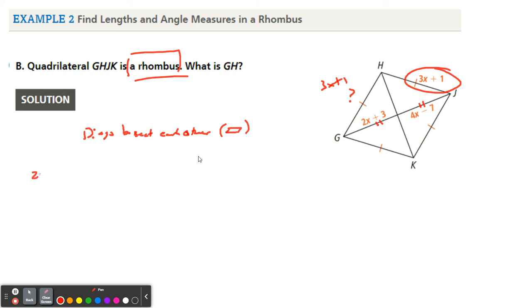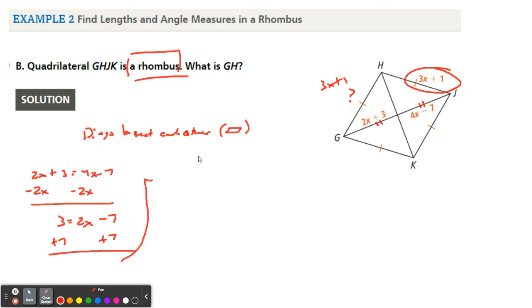So I can set 2x plus 3 equal to 4x minus 7. I'm going to combine my x terms by subtracting 2x. 3 equals 4x minus 2x, which is 2x. The minus 7 comes down. I'm going to add 7 to both sides. 10 equals 2x, and then divide by 2. And I get an x value of 5.